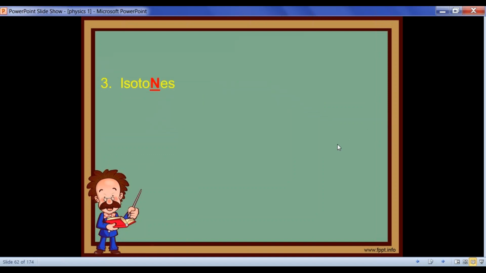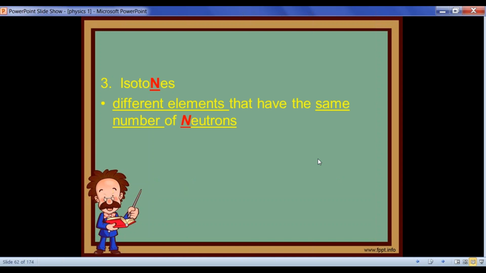Next is isotones. So isotones refers to different elements that have the same number of neutrons. Tandaan po ha, neutrons, hindi po nucleons. Neutrons. So the same number of neutrons. So here, for example, so different po lahat.